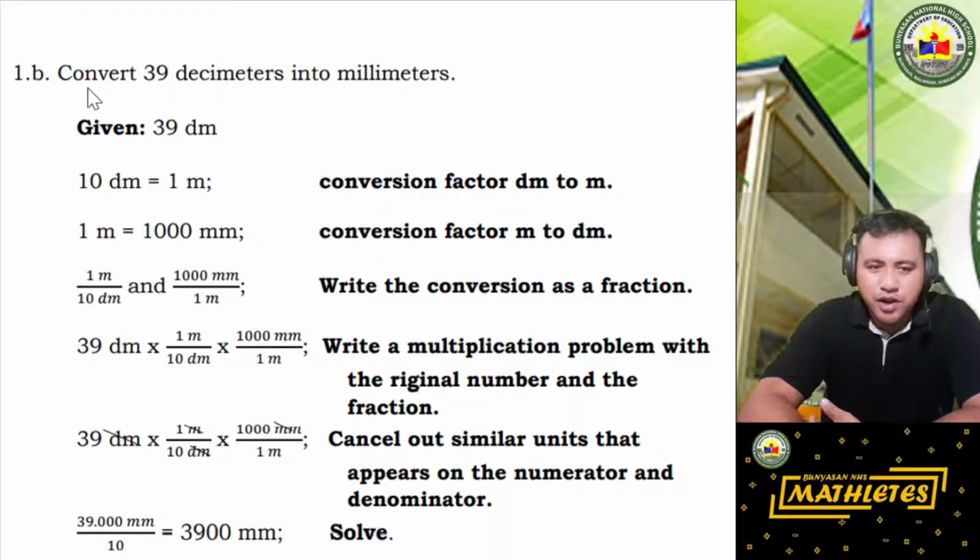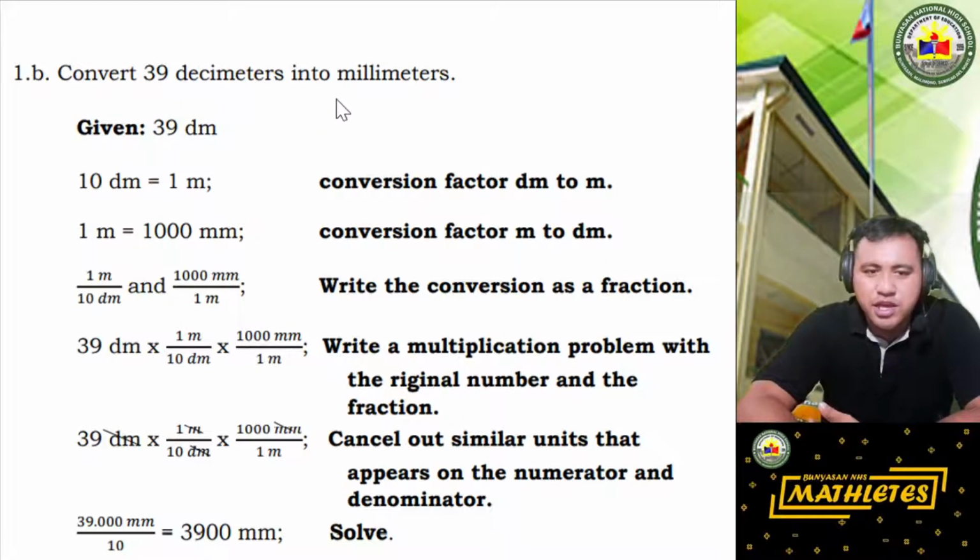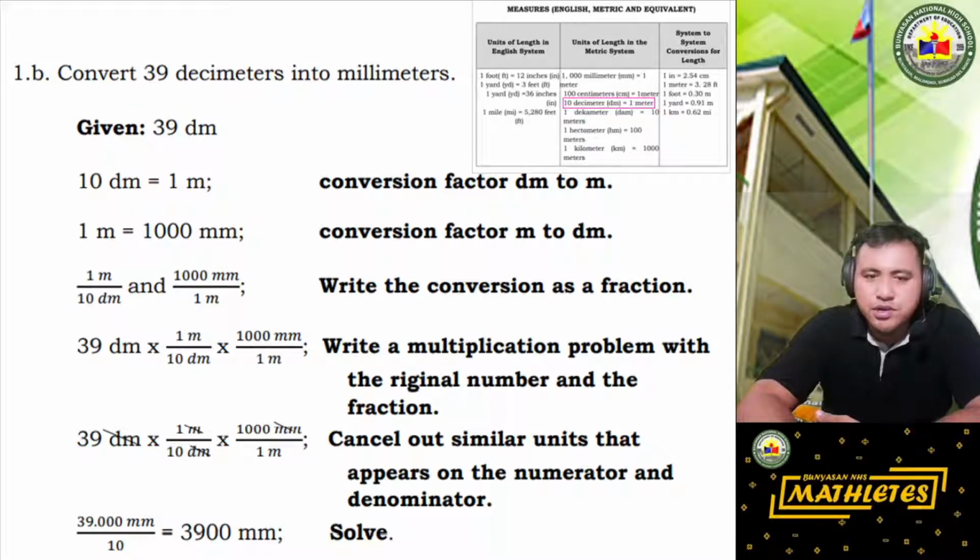Another example, you are going to convert 39 decimeter into millimeter. Now, ito yung metric system. So, the given is 39 decimeter. Now, in our table of conversion, walang decimeter to millimeter.